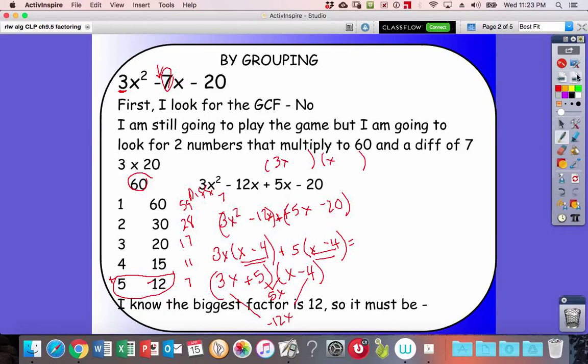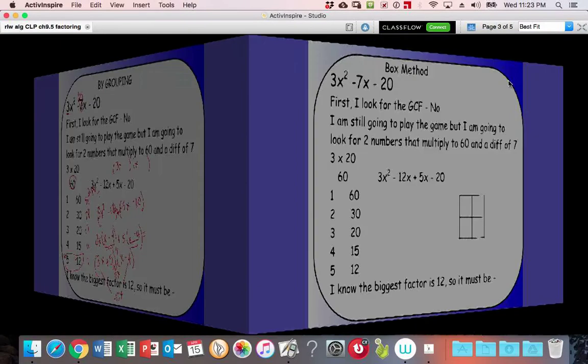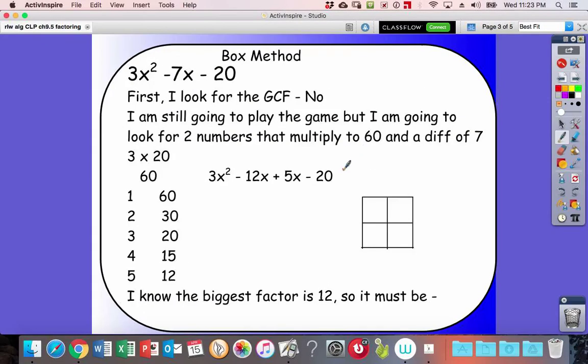I'm going to show you one other way to do it, and a lot of people like this. This is the box method. But you still have to play the game. You still have to do 3 times 20, and I need to find all the factors of 60. And I'm still looking for, because this is a negative sign, a difference of 7.